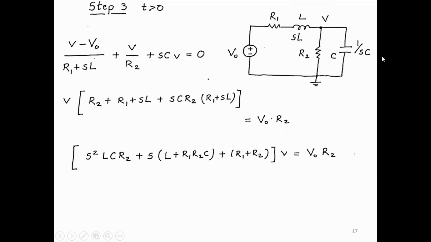L by SL, C by 1 by SC, write whatever equations KCL, KVL we want to write. Eventually write the equation for whatever quantity we are interested in, in our case V, with a polynomial in S, and then convert back the S to d by dt and S squared to d2 by dt squared, and we get our differential equation.